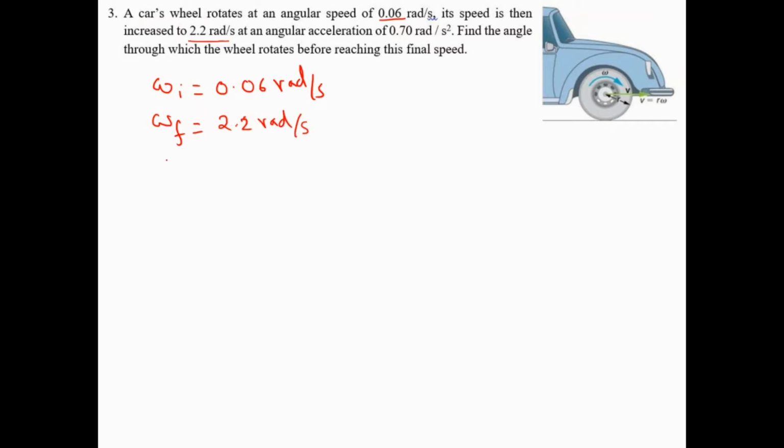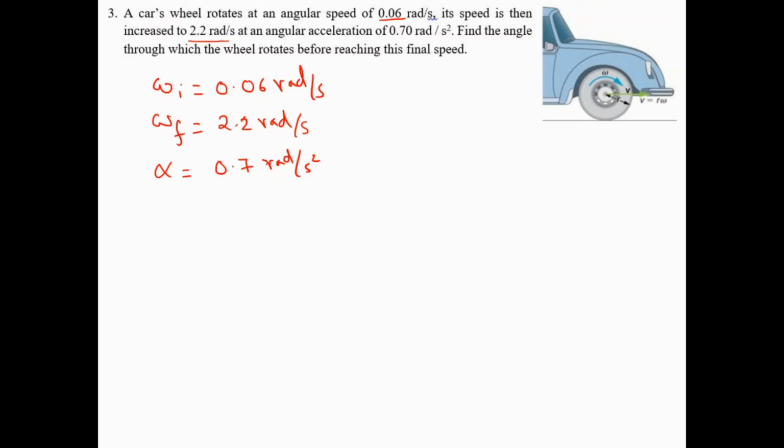And also they gave the acceleration. Which acceleration? Angular acceleration alpha, which is equal to 0.7 radian per second square. Now what you are going to find is the angle through which the wheel rotates before reaching its final speed.